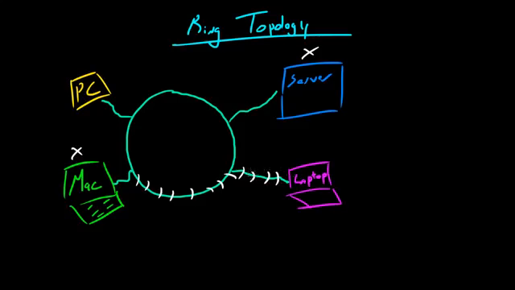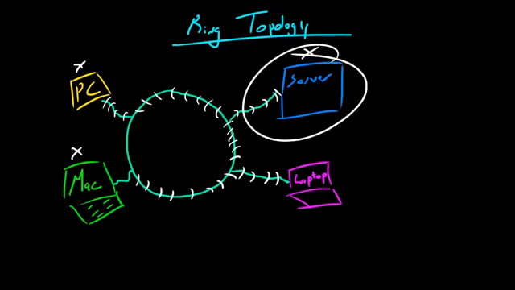And the laptop's going to be like, dude, I'm not a server. So okay, here we go. Server, do you have the information that I want? And the server's going to be like, yeah, buddy, I do. And then it's going to keep going because this is an electrical signal and it goes everywhere. So it's even going to ask the PC, even though it already got the information from the server.